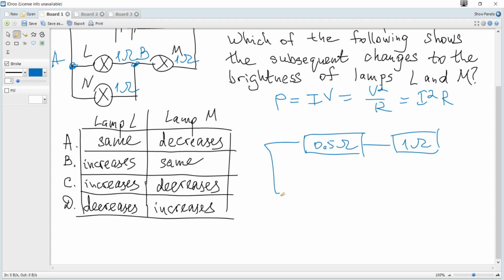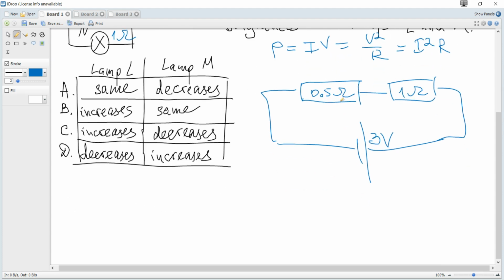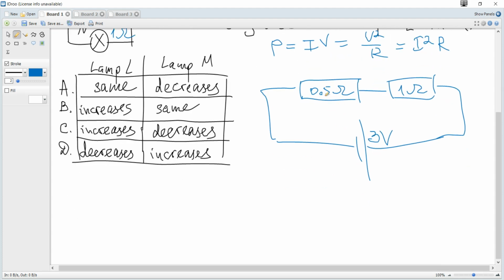And we know that two components in series divide total voltage, let it be 3 volts, proportionally to their resistances. You can see the ratio is 0.5 to 1, or to get integers, 1 to 2. So they divide total voltage in ratio 1 to 2.